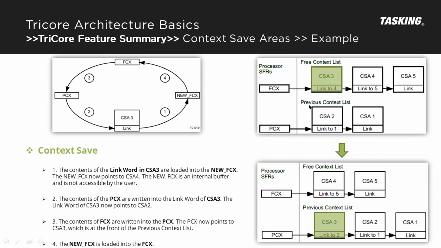So in this case, I injected this CSA3: I took it out of the free context list and injected it inside the previous context list because I use it at the moment. And I updated the FCX pointer to refer to CSA4 because CSA3 doesn't exist there anymore. So I updated the value of the FCX to refer to CSA4, and you will end up with something like this.